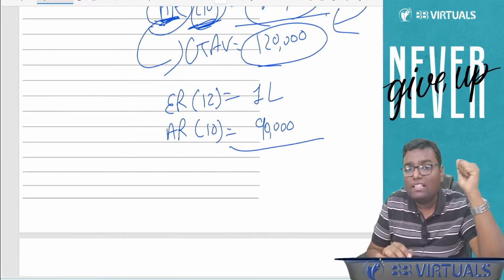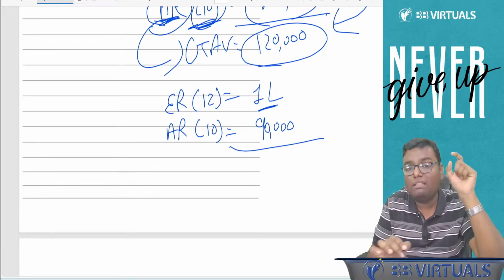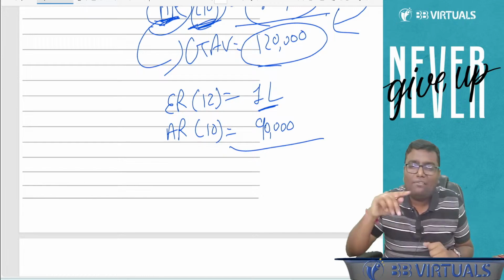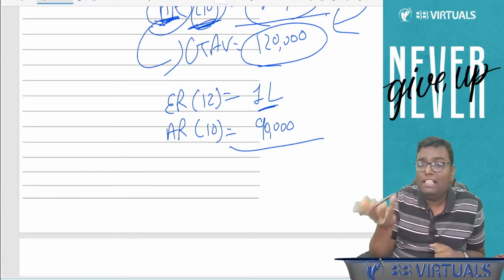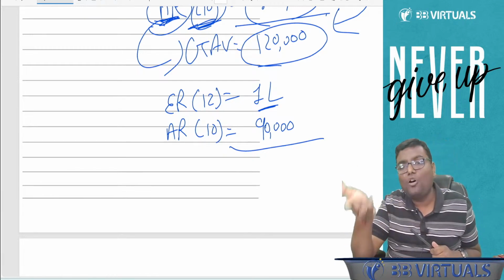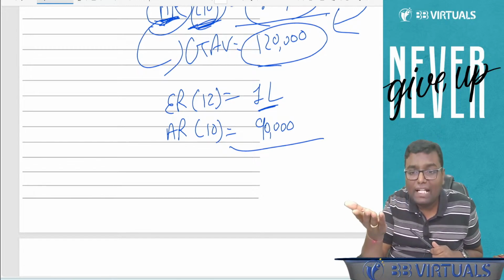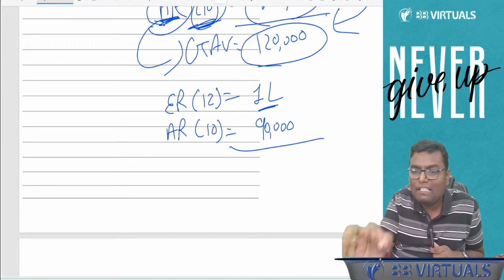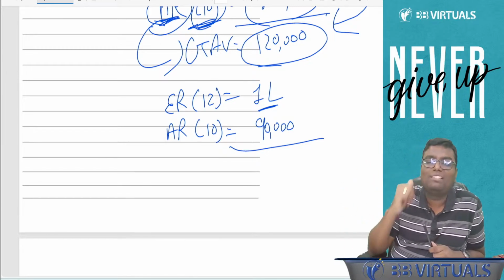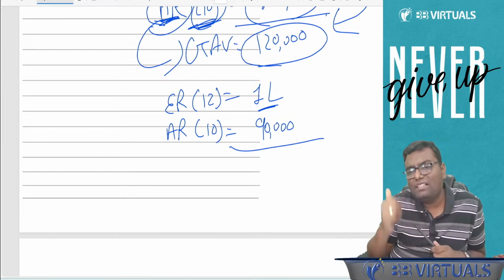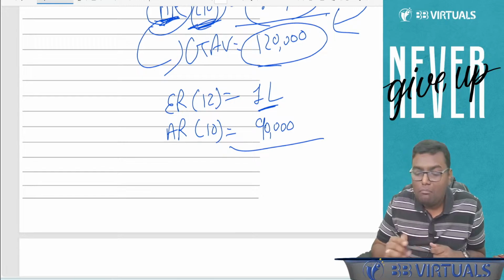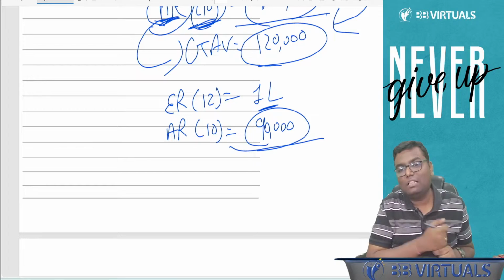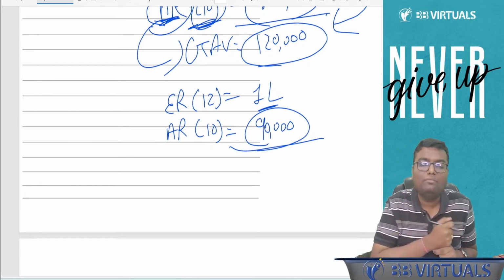Now, if I do whichever is higher, the answer will come to rupees 1 lakh and that I will not accept. What will I tell the government? See, 1 lakh rupees is not GAV because it is your rent, and government, your rent is of 12 months. Actually, the property is given on rent only for 10 months. You can't do whichever is higher over here. My actual rent should become GAV. That's what I demanded.